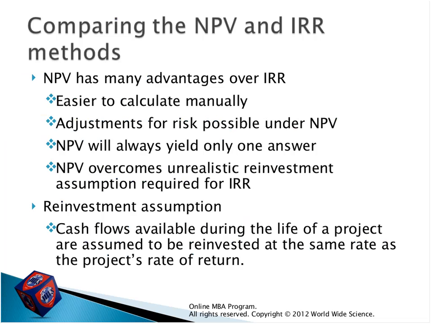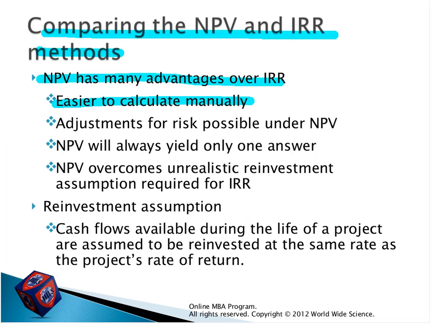So right now we're going to compare the net present value and IRR methods. These are two methods which consider the time value of money, right? Net present value has many advantages over the IRR. It's easy to calculate manually. Adjustments for risk are possible under net present value. The NPV will always yield only one answer, right?